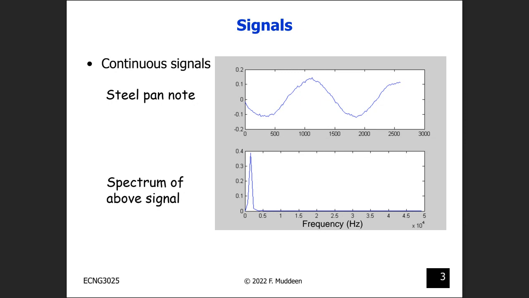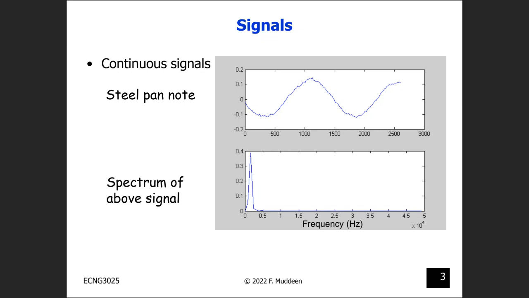A continuous time signal, as we remember, meant that we had a value for the signal for all time, in theory from t minus infinity to t plus infinity. All the values are defined all the time.